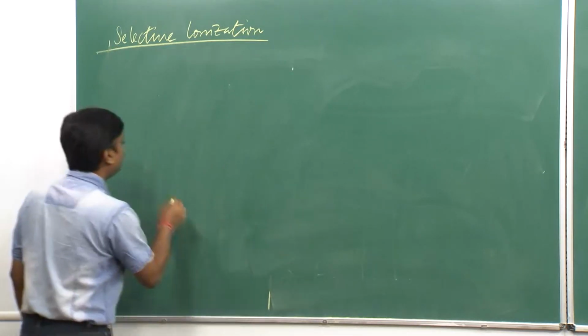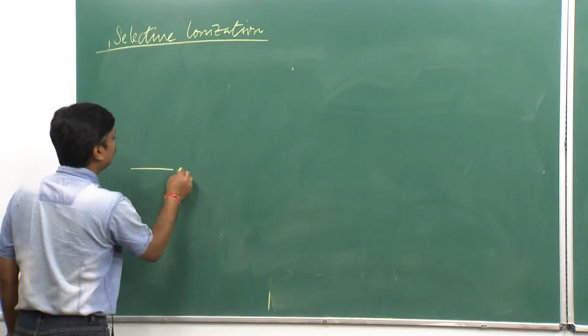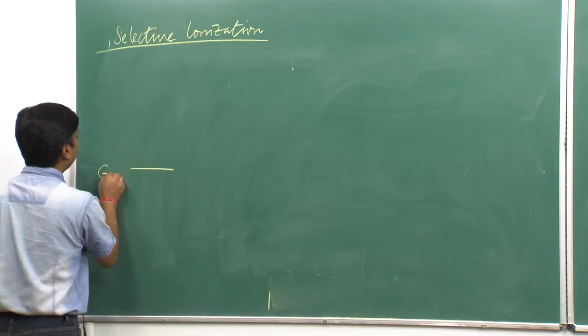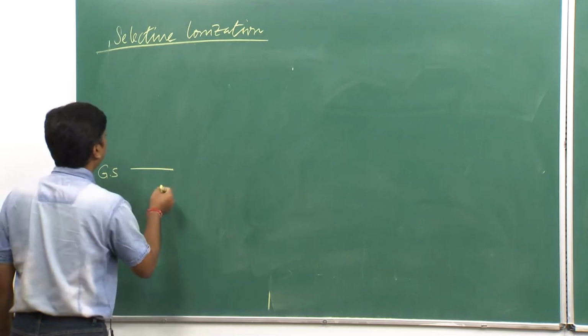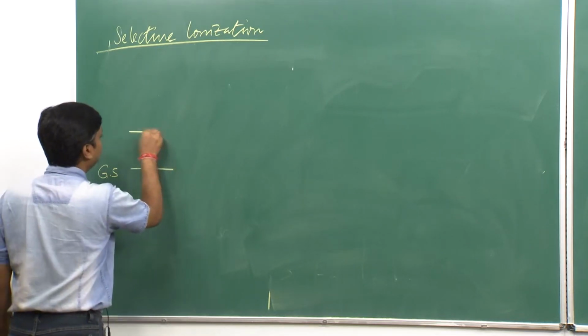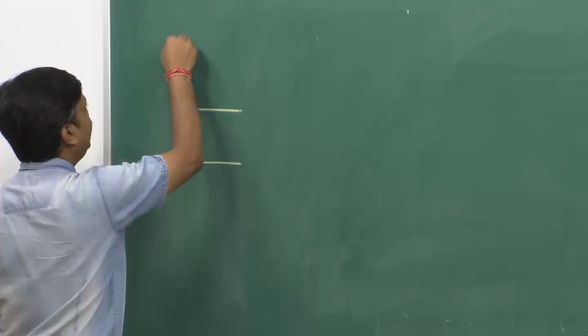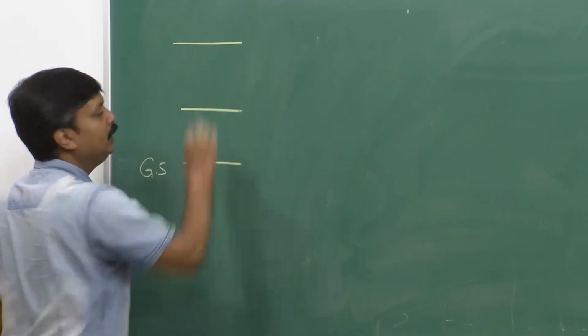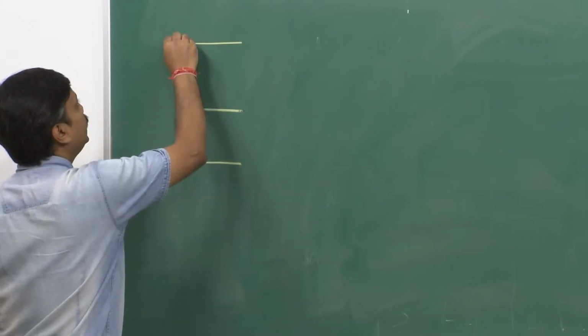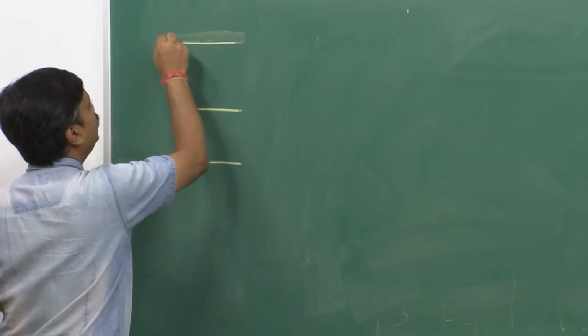If I have a molecule present in the ground state, it may have some excited state here, and this is the limit beyond which ionization will take place. So, this is the continuum.